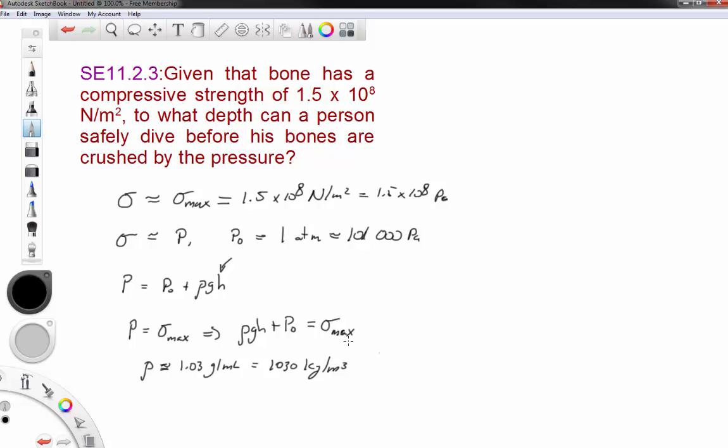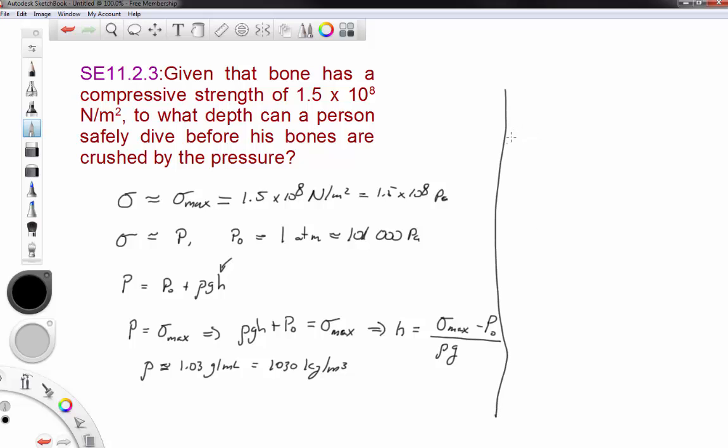Okay, this equation right here solves to get that height should be the difference between this maximum and the initial pressure divided by the density times the free fall acceleration.